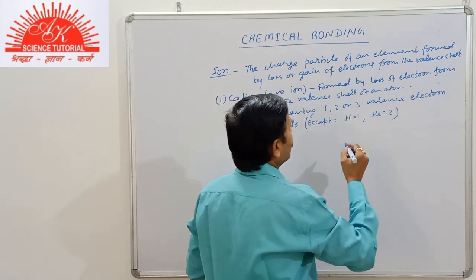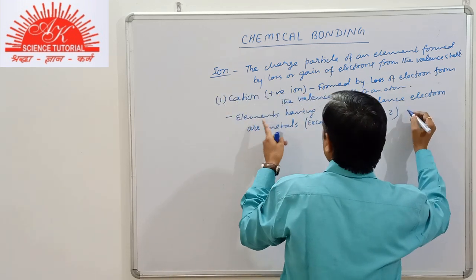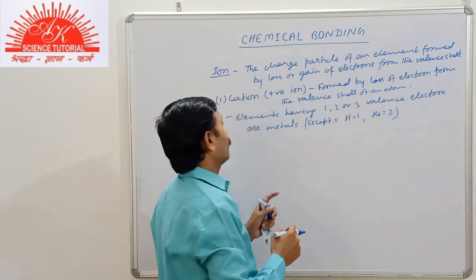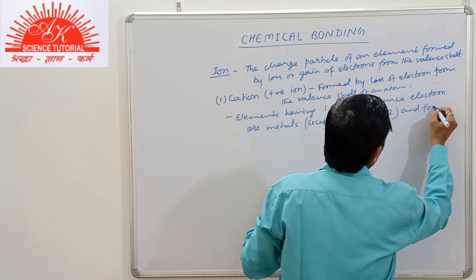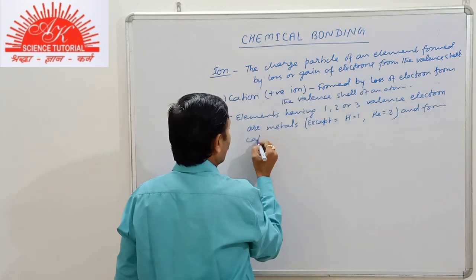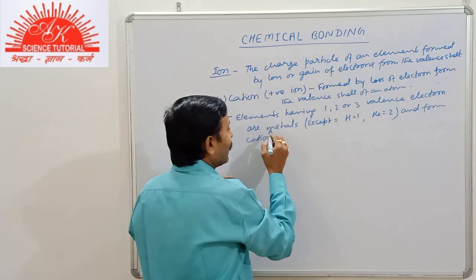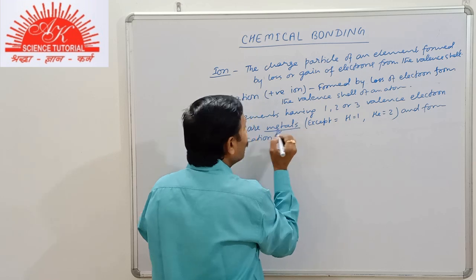Elements having 1, 2 or 3 valence electrons are metals and form cations. So one thing is clear here now, that metals form cations.